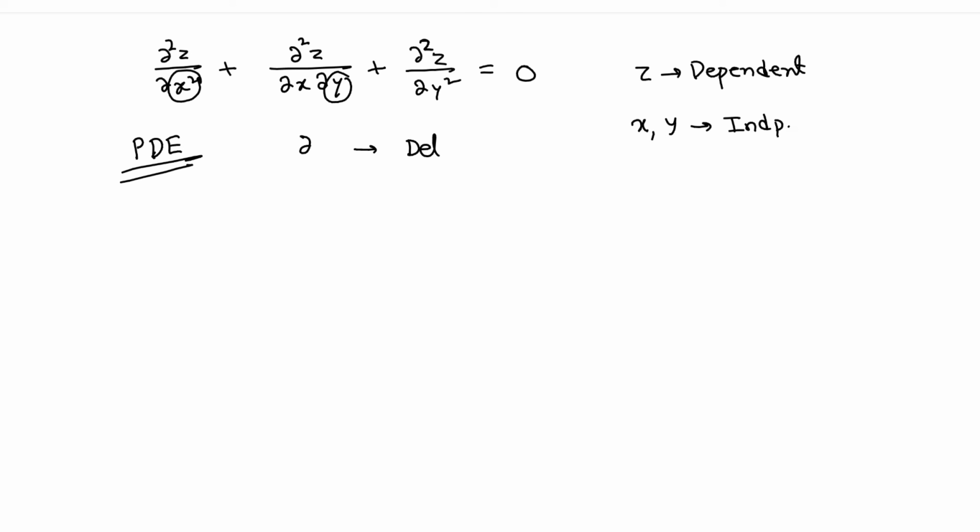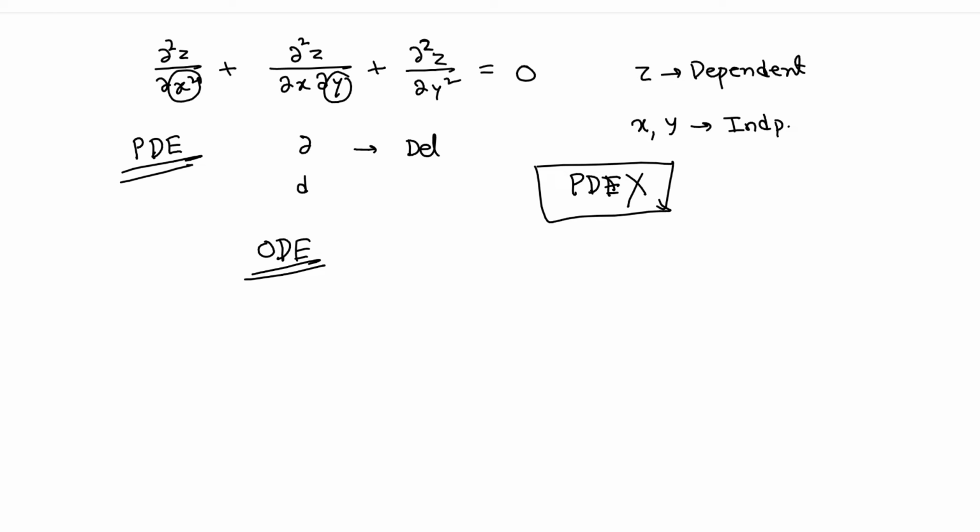And if there is only one independent variable, then we use the symbol d. So I think it is very clear which is an ordinary differential equation and which is a partial differential equation, and what is the basic definition of an ordinary differential equation. But remember, in your syllabus PDE is not included, only ODE.